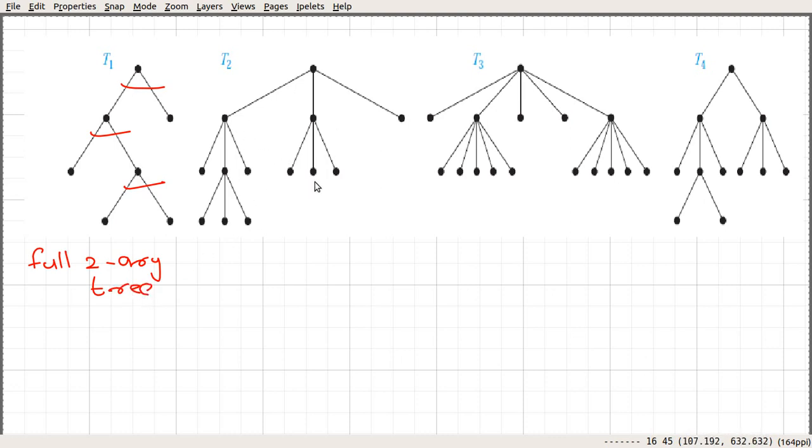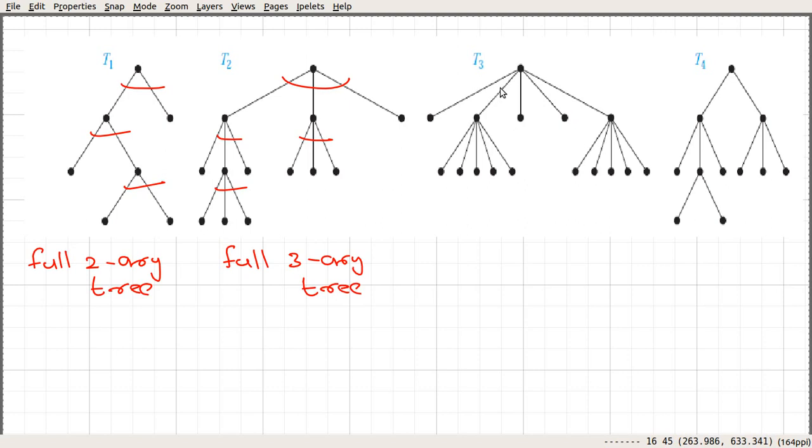Similarly, if you look into this particular tree, T2, we can see that all the internal vertices have 3 children. So that is also an example of a full 3-ary tree.